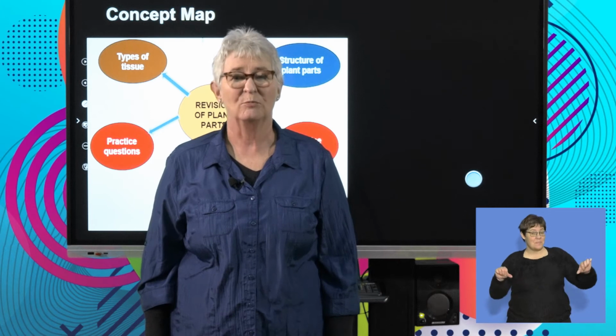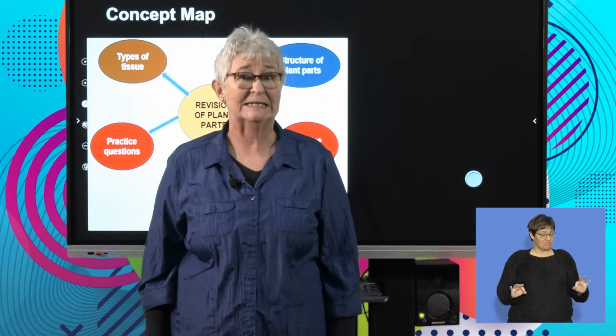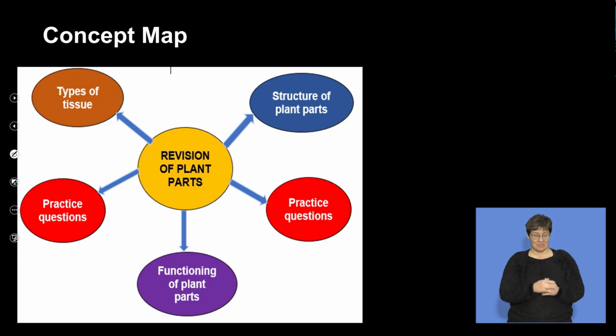Welcome back from your break. I hope your brains are fresh, because now things are going to get a little more complicated. Okay, what we've done so far is we've looked at the types of tissue and the structure of the plant parts. And what we're going to be looking at now is we're going to be linking that to how the different parts of the plant actually function.